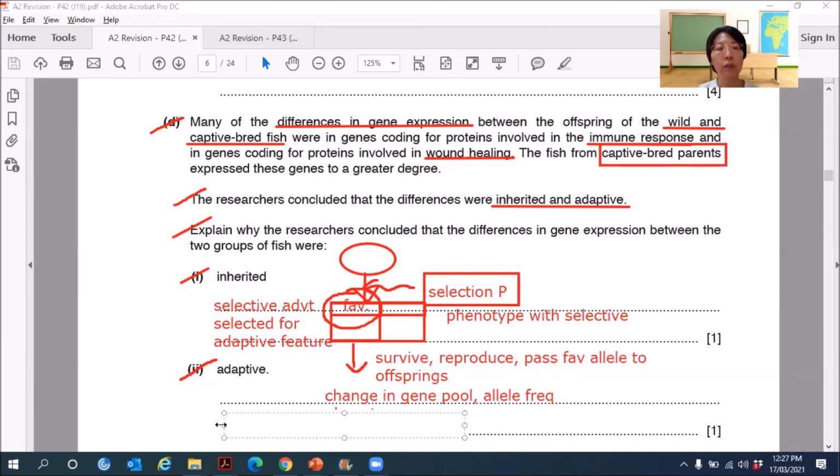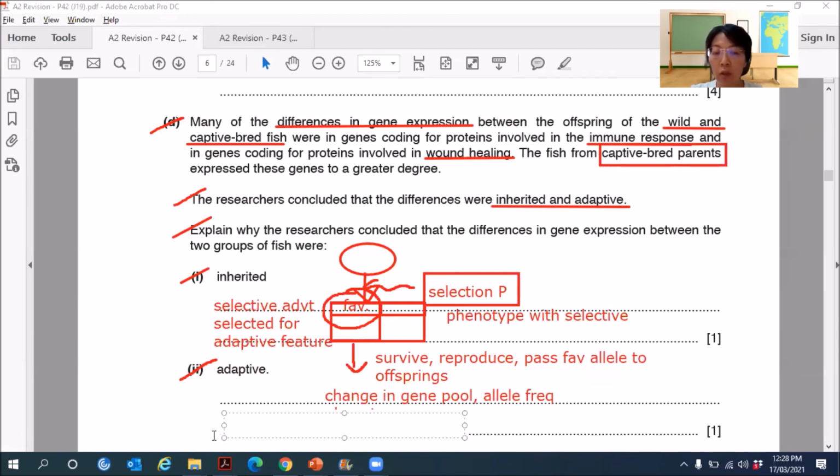So what are the phenotypes that allow them to adapt? Adapt means, what is the phenotype? And therefore they are selected by selection pressure. The selection pressure selects which phenotype? So that phenotype allows them to adapt to the environment, and therefore they can survive. So they adapt to the selection pressure to survive. So what feature allows them to adapt? What phenotype allows them to adapt?